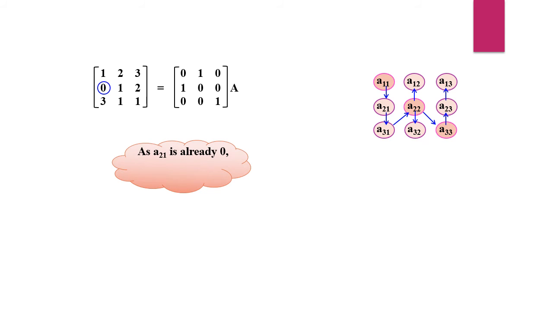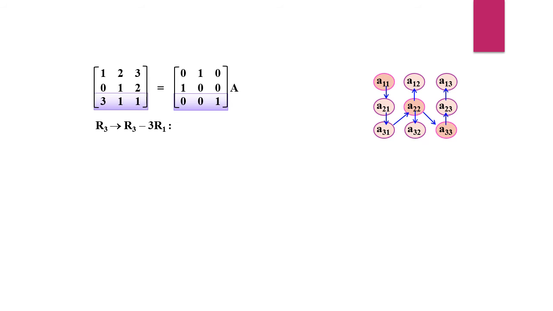Next we focus on the second row first element, and we can see that it is already equal to 0, so we need not apply any property over there. Next we proceed to the third row first element, which must be converted into 0. We apply the property R3 implies R3 minus 3 R1.